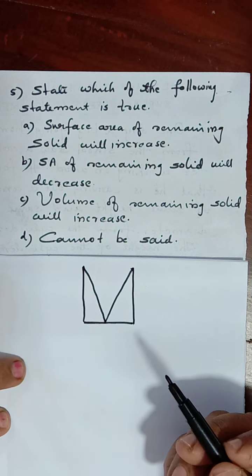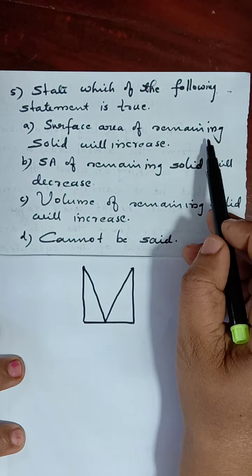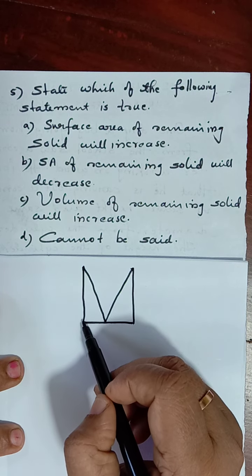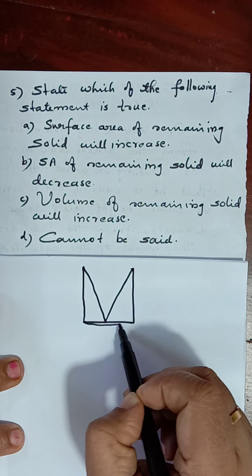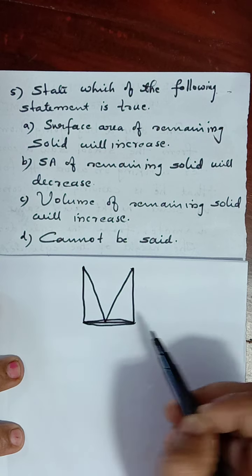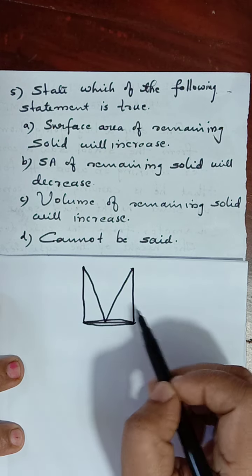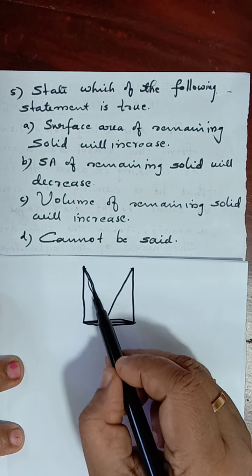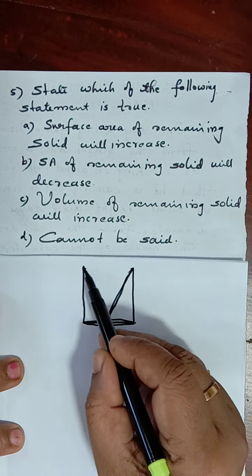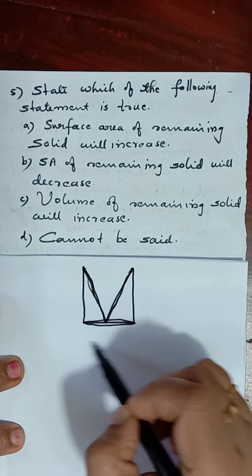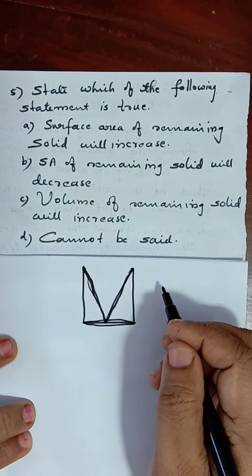Okay. Here our question is surface area of remaining solid will increase. Surface area of remaining solid means for this cylinder the base area we have to find out. Then CSA of the cylinder we have to find out. And also this portion is open area, that is pi RL we have to find out, CSA. Then only it comes as the total surface area of the remaining solid.